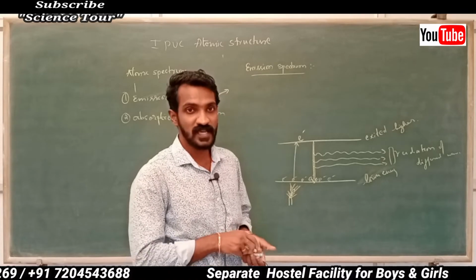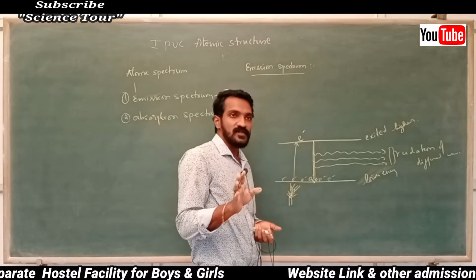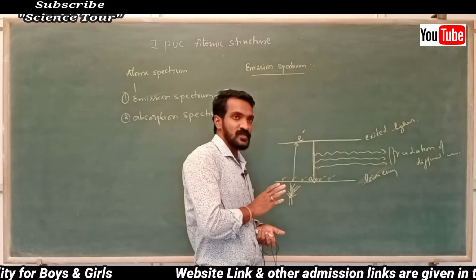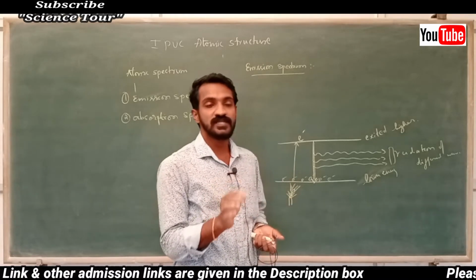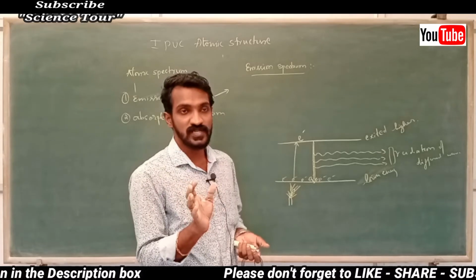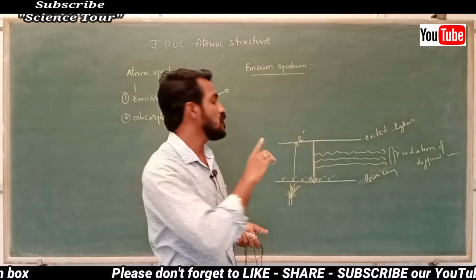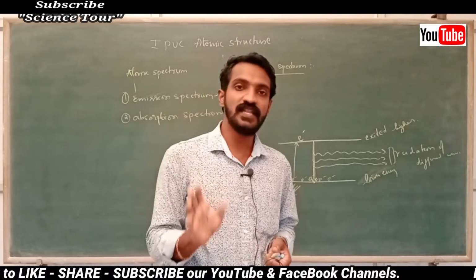Emission spectrum. Once again I will tell. The hydrogen atom contains an electron in a lower energy level. It is stable. Once it is heated, the electron present in the hydrogen atom absorbs that heat energy and jumps to a higher energy level. The higher energy level is highly unstable.